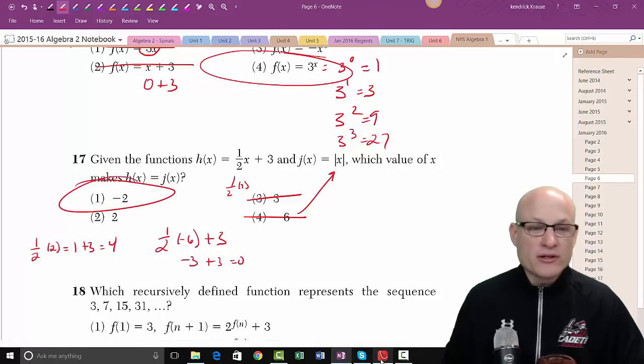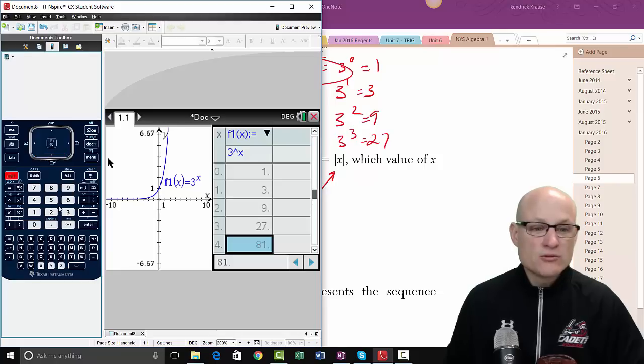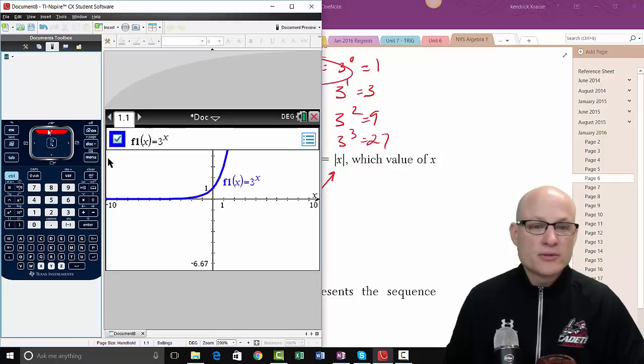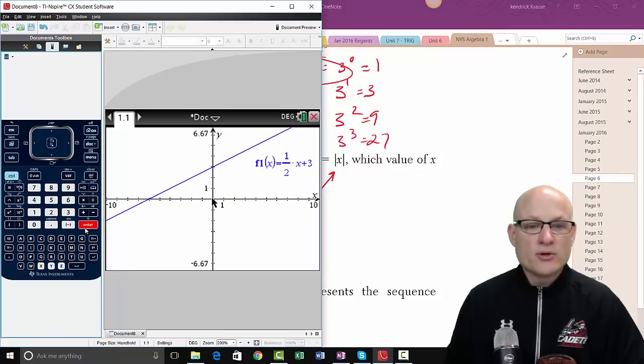So I'm going to graph both of these. Control T, tab, the up arrow. Trying to do this the easy way, it didn't work out. Okay, so 1 divided by 2, x plus 3. Boom.